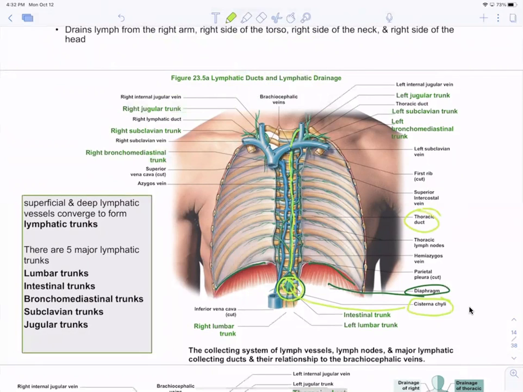And so the thoracic duct comes over here, and it joins with the bronchial mediastinal trunk and the left subclavian trunk, right, and the jugular trunk, and it drains right here, and we call that the thoracic duct on the left side. On the right side, it's the right lymphatic duct.